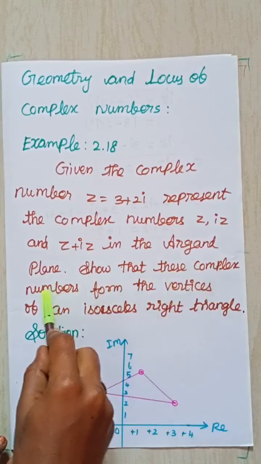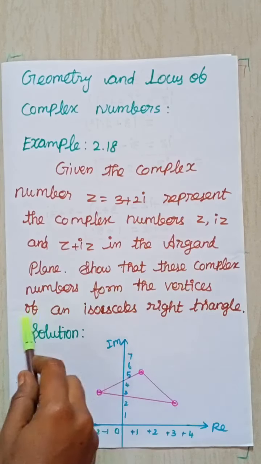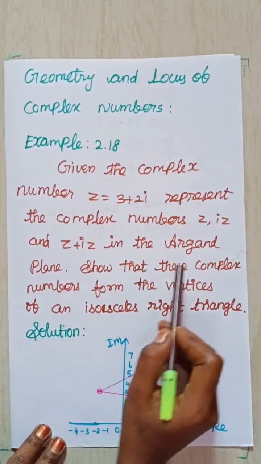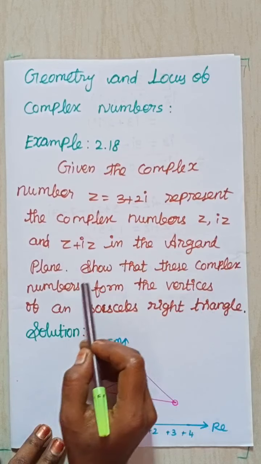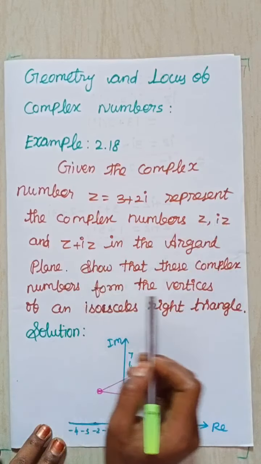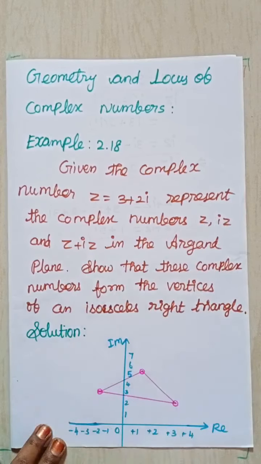Show that these complex numbers, meaning z, iz, z plus iz, form the vertices of an isosceles triangle.